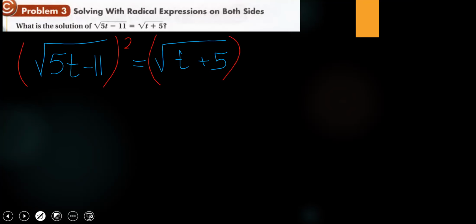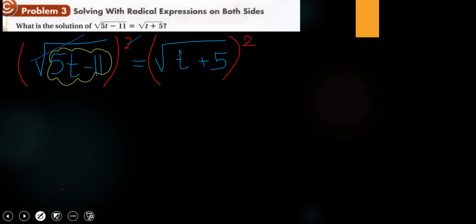By squaring. Square the two terms. Since you square the left term, you have to square the right term, like a balance. Then the square root comes like Superman, as I told you, and cancels the square.